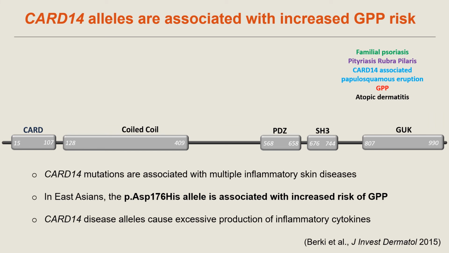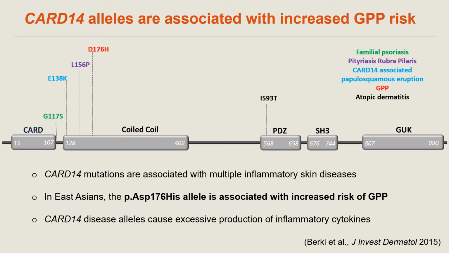Another gene that we think increases the risk of GPP is called CARD14, and this is a very interesting gene for skin inflammation because it has convincingly been associated with a number of inflammatory skin diseases. In fact, CARD14 mutations have been observed in familial forms of psoriasis, in pityriasis rubra pilaris, and in atopic dermatitis, to name but a few.